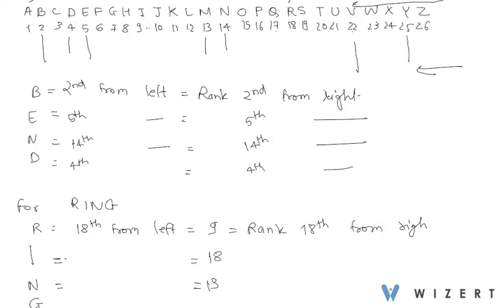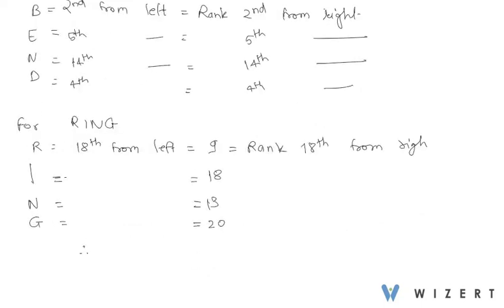And G is 7th from left, so 7th from right is 20. So the code for RING will be 9, 18, 13, 20.